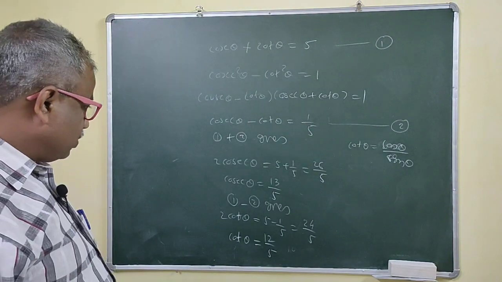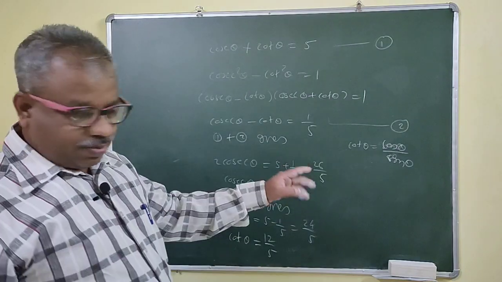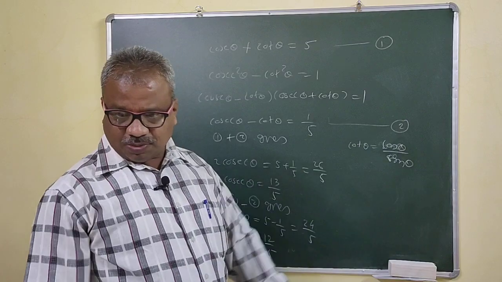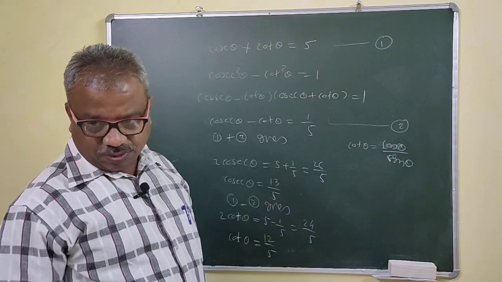We want to find the value of sec theta. Okay, doesn't matter. If you get the value of cos theta, you take its reciprocal and you get sec theta. Don't worry about that.